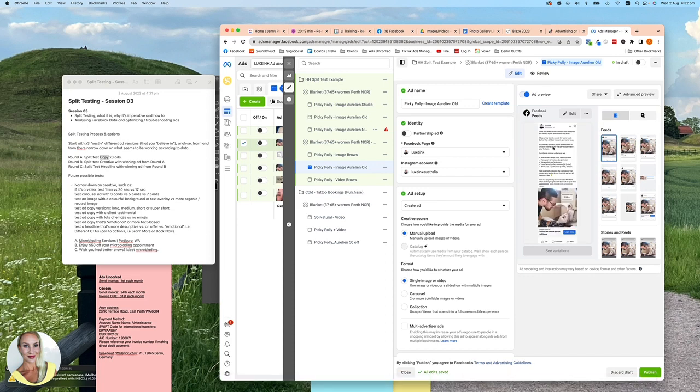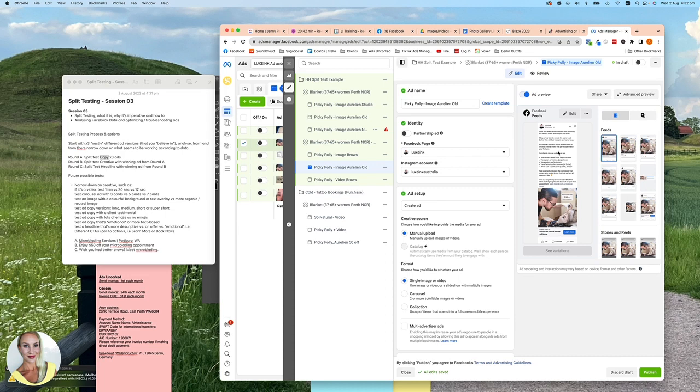For example, one might be calling out or appealing more to people of a certain age. We had the thinning copy angle, or your brows thinning with age. This one is more about trust: have you heard about cosmetic brow tattoo? You haven't found someone you can trust. So that's a different type of angle.